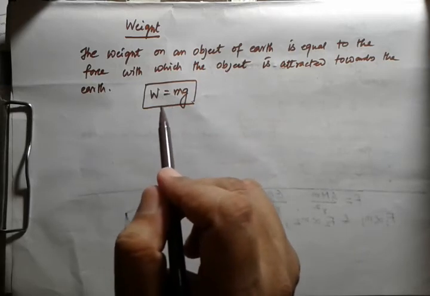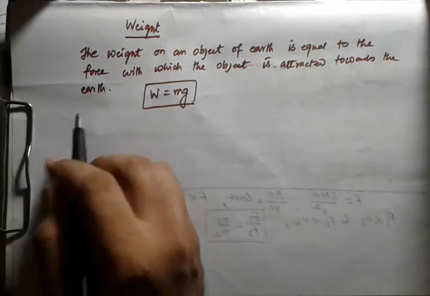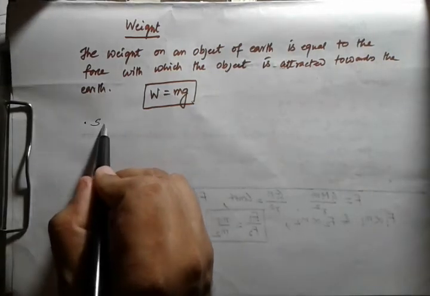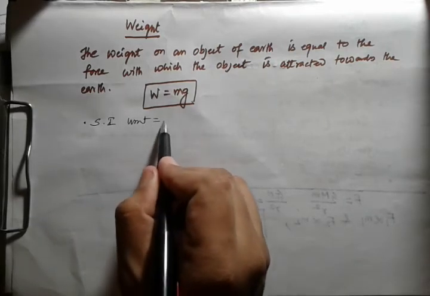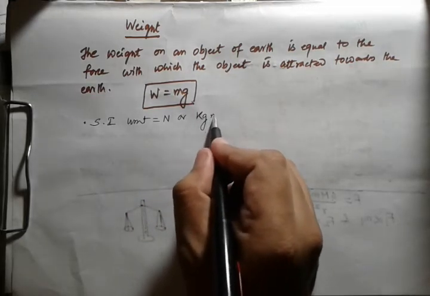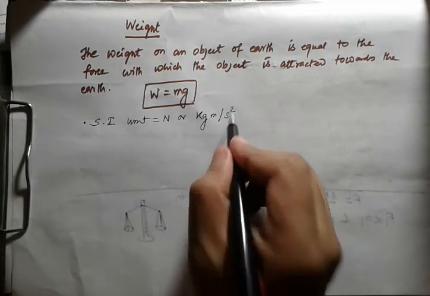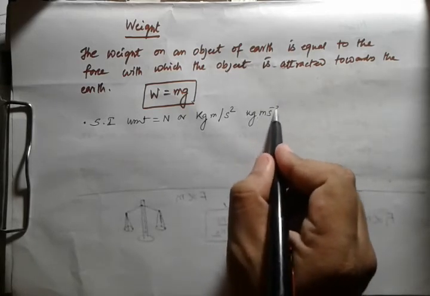Now, what information can you get from here? The SI unit of weight is Newton, or you can write kilogram meter per second square, or kilogram meter second to the power minus 2.